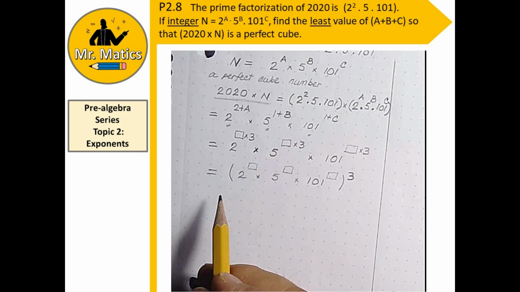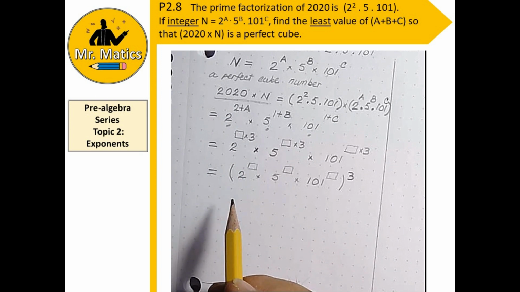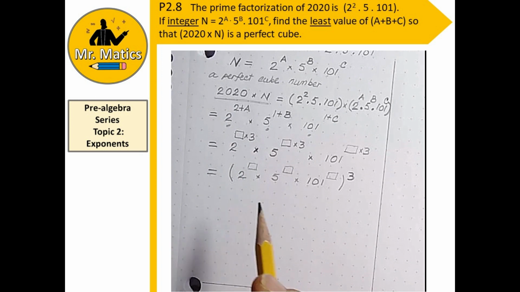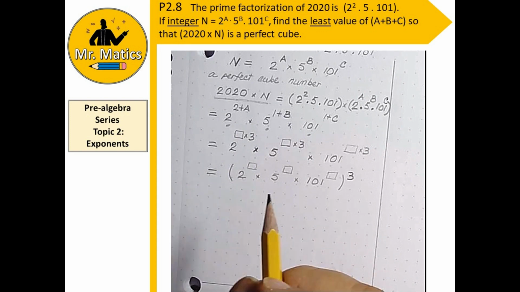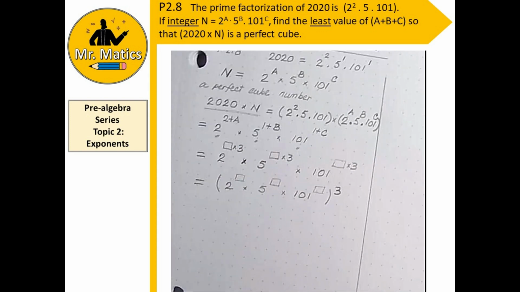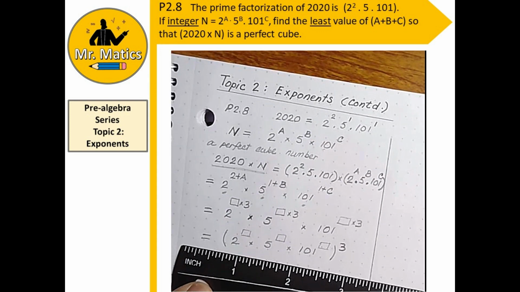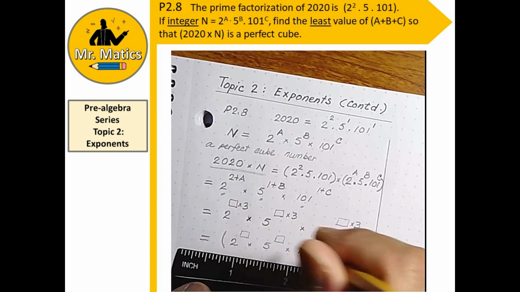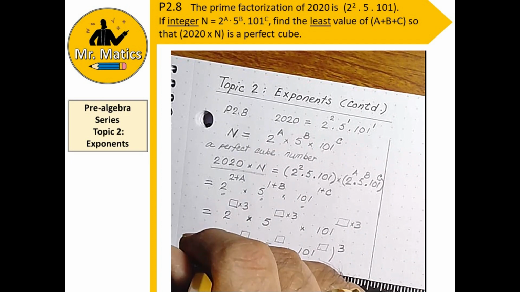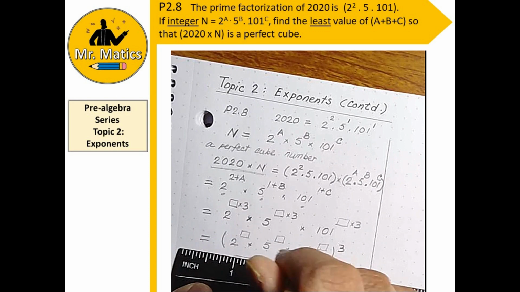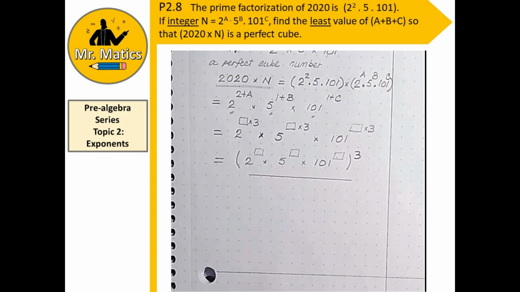So if I have n as an integer, then I can write a statement. Let's put a pause to this particular argument and continue here.